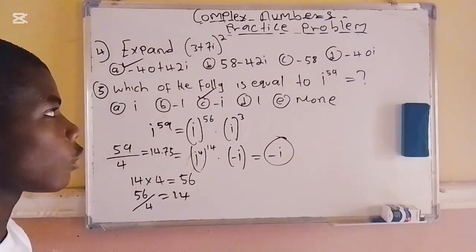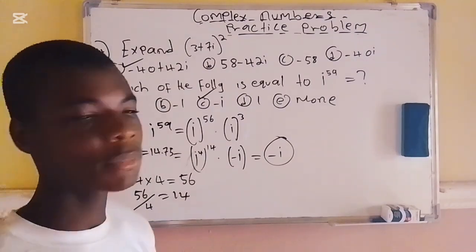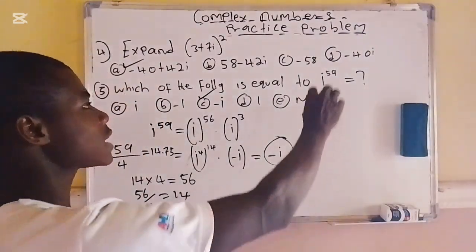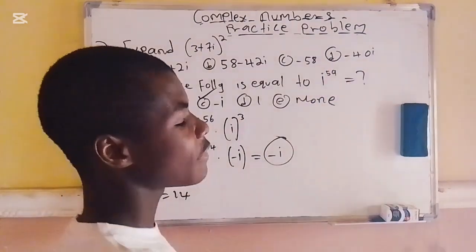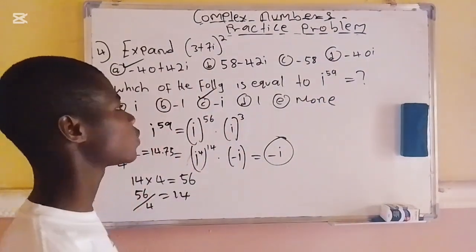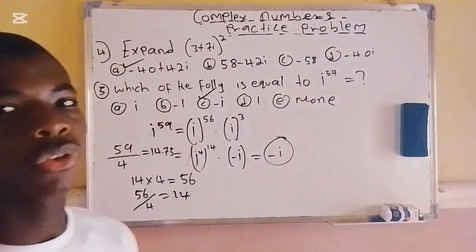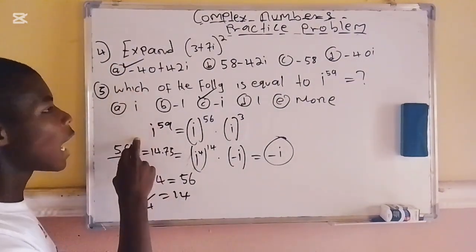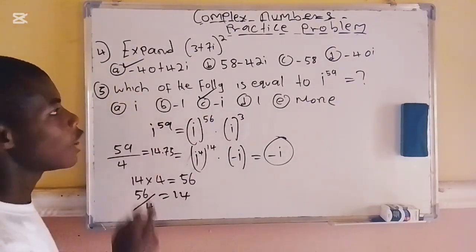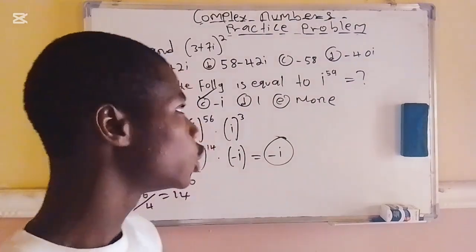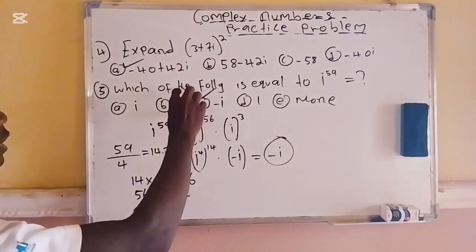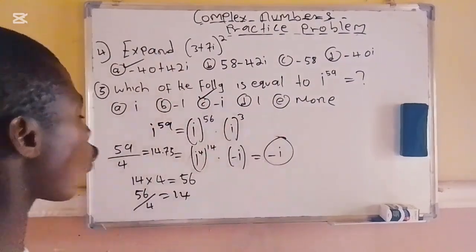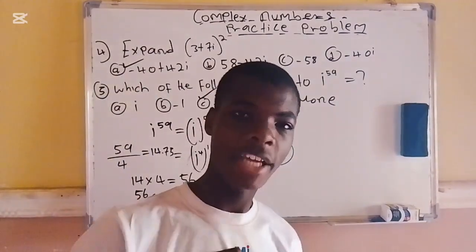Look at it before attempting the question. If you see, for example, 57, you know that 57 is an odd number. So there is no way you will find the value of negative i, unless it is i. But sometimes you may find the value 1 or negative 1. Sometimes it might be none.